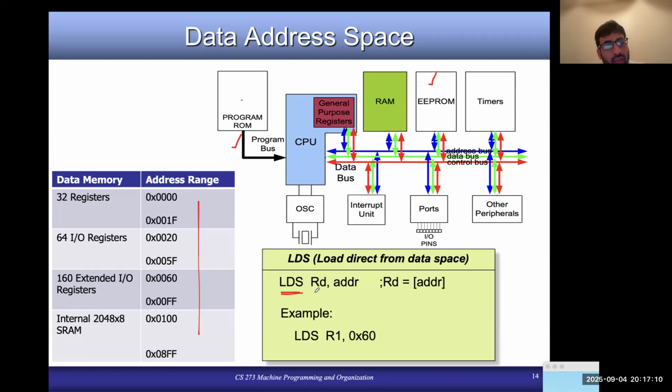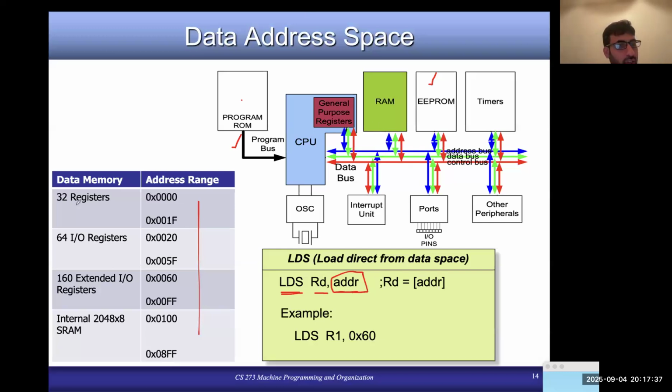Again, the first operand before the comma is your destination, and the second one is the source. Here it is the address of the source in memory. So it is the memory address from where your data will be read and then placed in the destination register. For example, if you say LDS R1, 0x60, what does it mean?